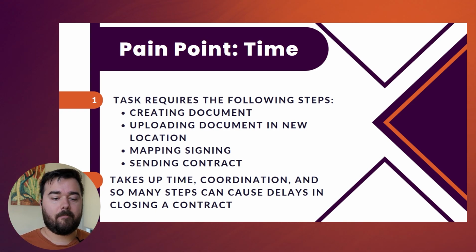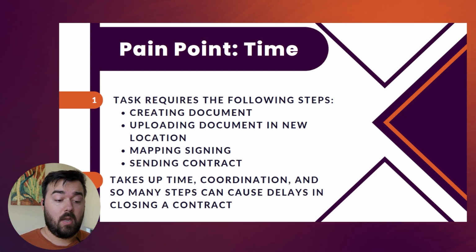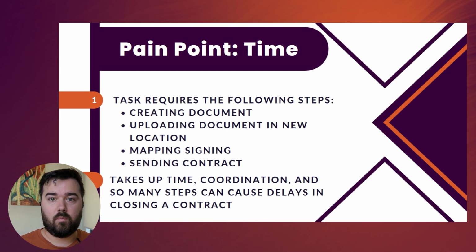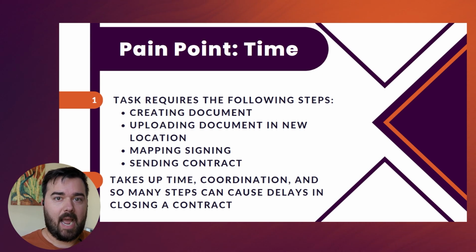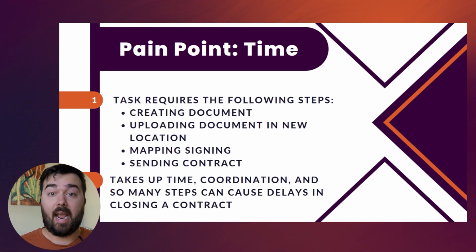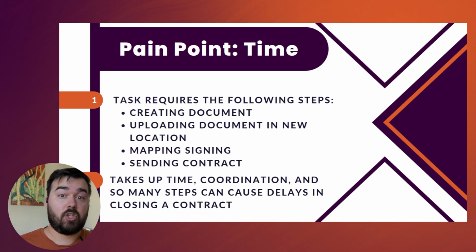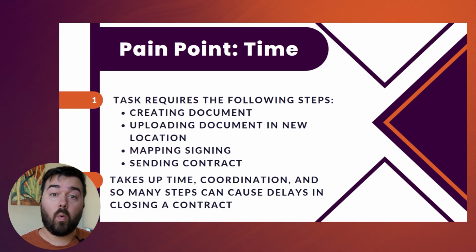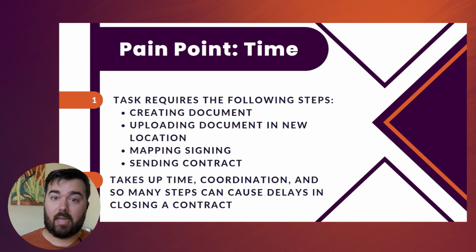So you'll see that here's some of the things to consider about why this is an important automation. Look at how many steps it takes to manually create the document, move it to different locations, and then have to sign it. The amount of time it takes, if you're on a team, it might require coordination, and there may be drops where someone doesn't get the notification to fill out a contract or to set up a template or even send out a contract.